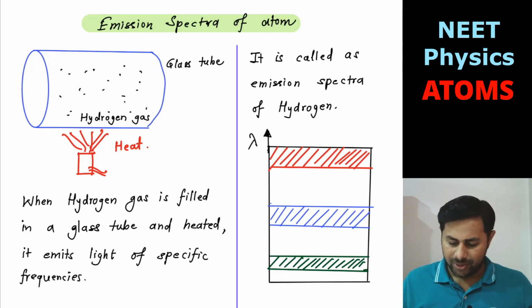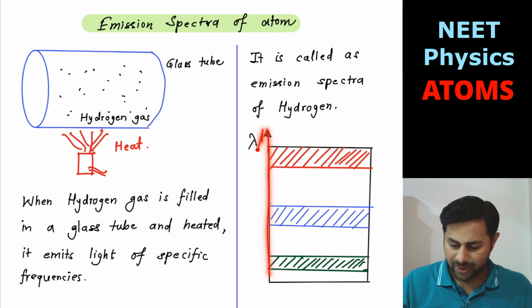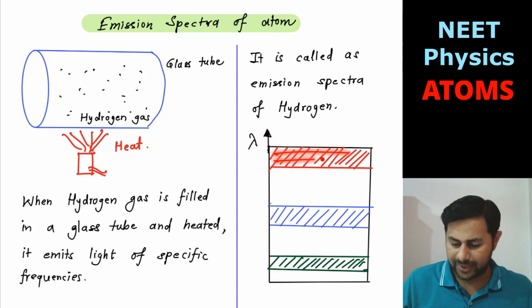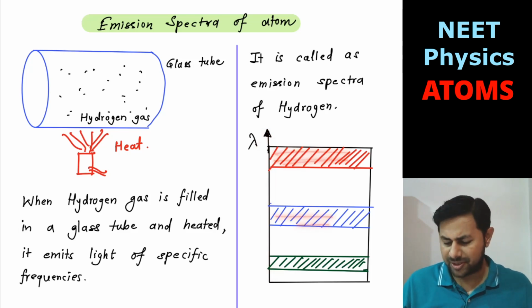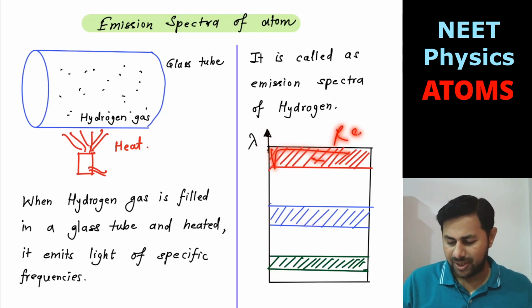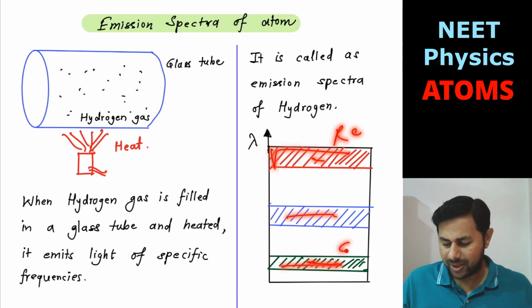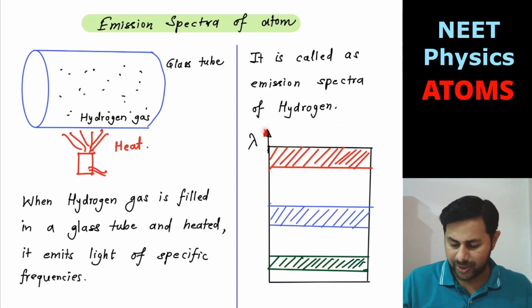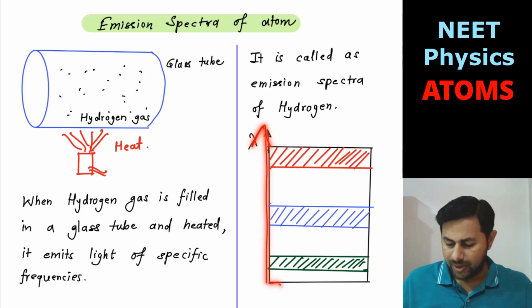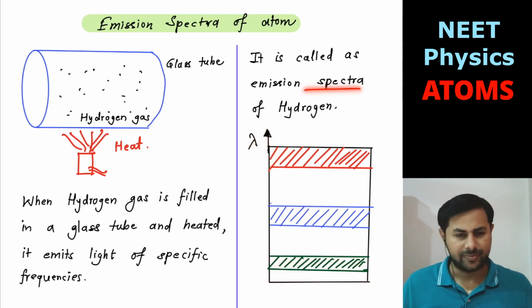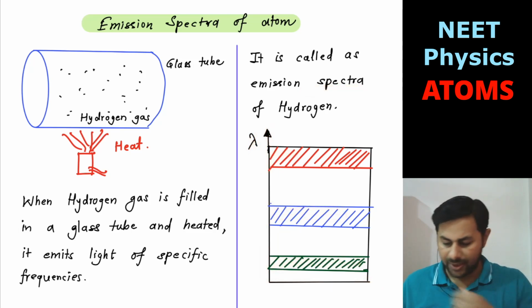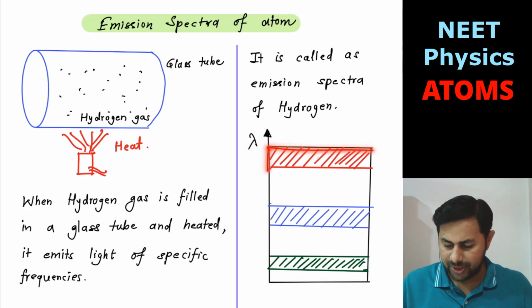Okay, so if you plot a graph of the light that it emits, suppose it emits light of red color, blue color, green color, etc. Suppose you plot the graph versus frequency or wavelength. Okay, that is known as the spectra, right? Suppose you plot these bands.